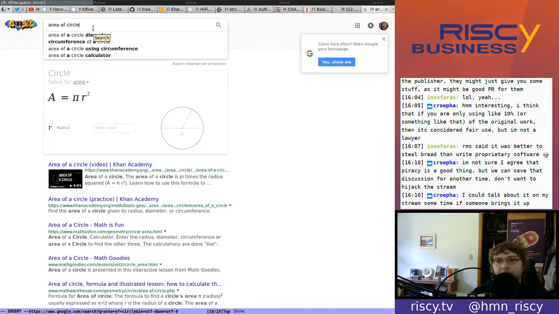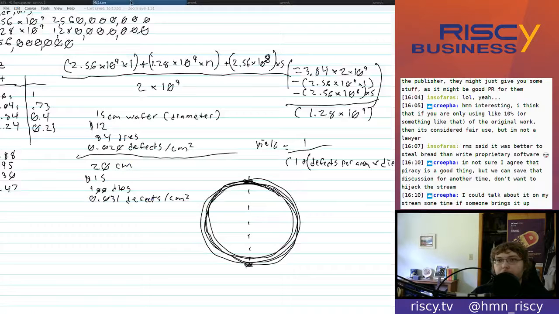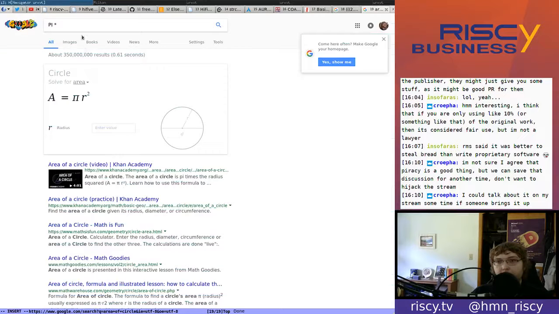I wonder if Google can do pi. It probably can't. Let's say pi times, what was the diameter? This one's 15 centimeters. So we're going to say times 15 over 2.